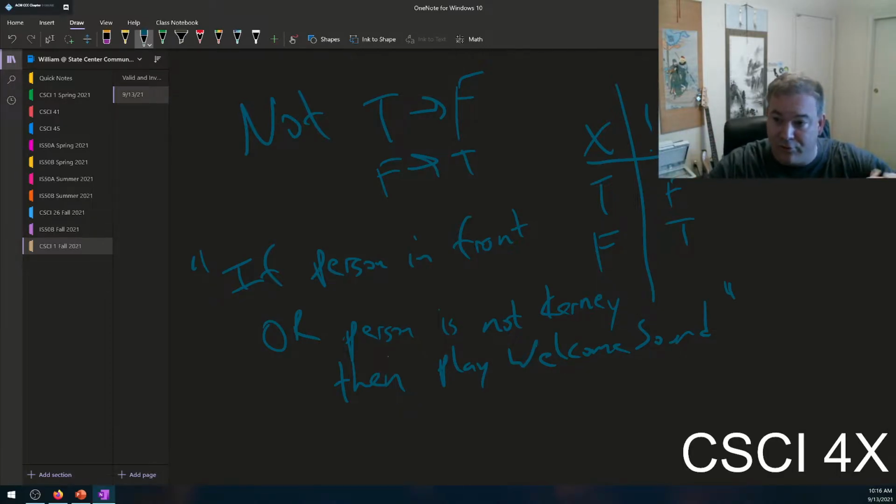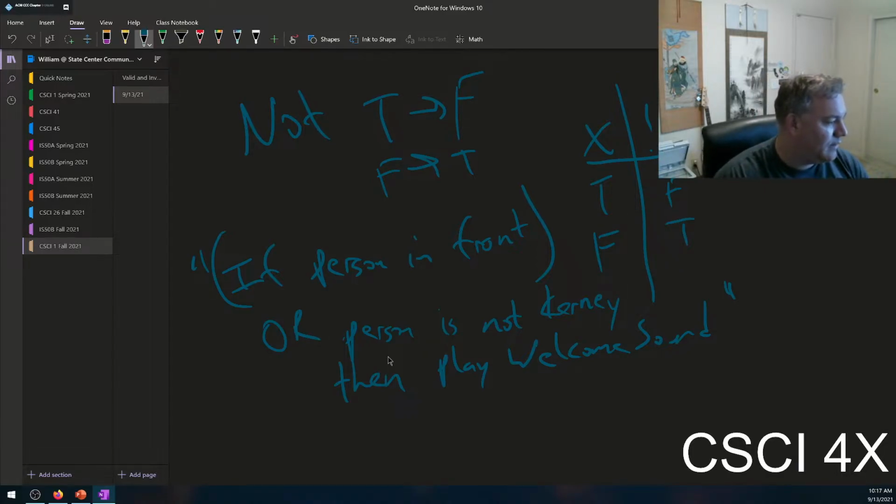It would return true. So this part here, if person in front, I'm writing English right now, but what that is in code is a function call to a function that would return if the ultrasound had picked up somebody within a cone in front of the sentry gun, within about 2 meters, about 6 feet.